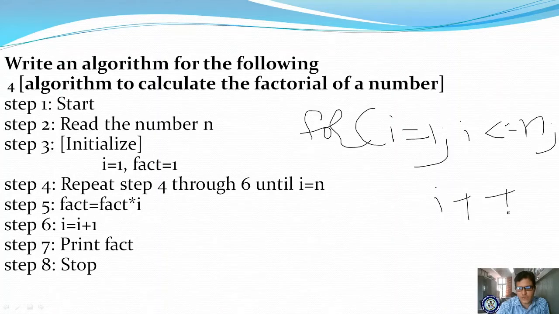So we are writing this for loop. This is the statement for repeat step 4 through step 6 until i equals n, which means you write the for loop like this.